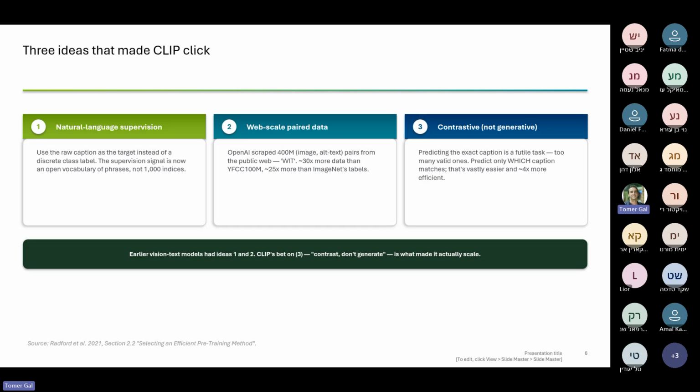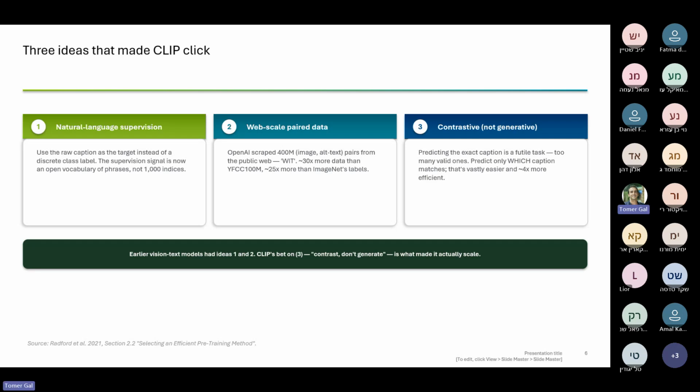Okay, now the third component is the actual contribution. This is about the contrastive aspect of it. The original CLIP authors first tried to predict the exact caption tokens. Back then they had a 63 million parameter transformer.